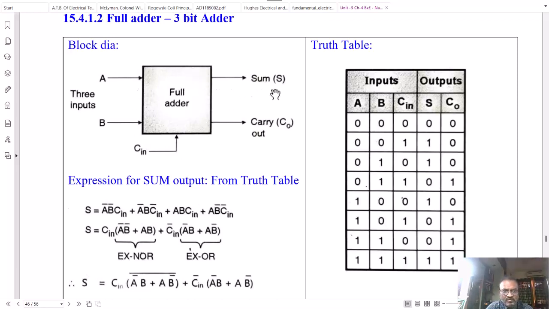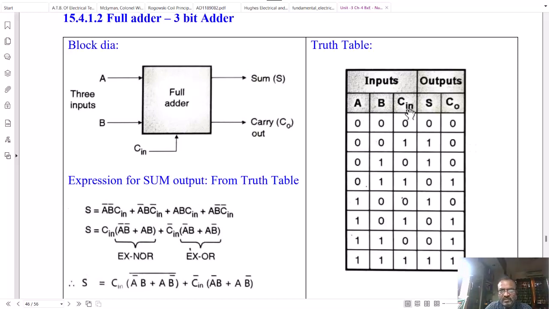It is connected to a full adder circuit. Full adder circuit generates the output, which is a sum of two inputs, and adds the carry input to that sum. And the final sum is generated as sum output here. Whereas if any carry is generated in this 3-bit addition, that is denoted by C0 output.